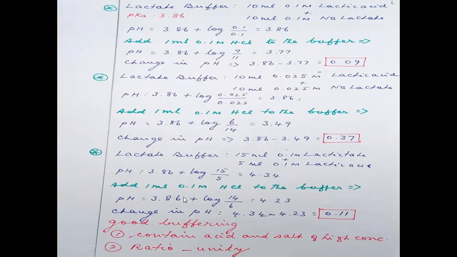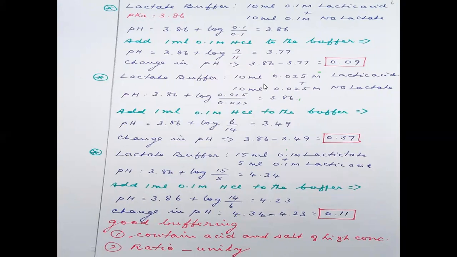Suppose I add to this system 1 ml of 0.1 molar hydrochloric acid, again the acid and salt concentrations change, so the new pH will be 4.23. The difference is 0.11. Comparing the differences, in the first case it is 0.09, in the second case 0.37, and in the third case 0.11. The variation is least in the first case.